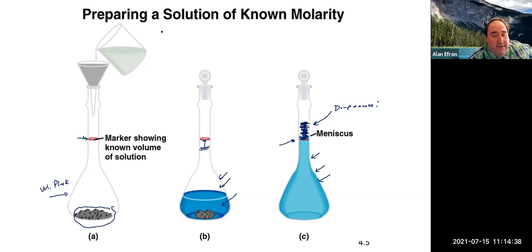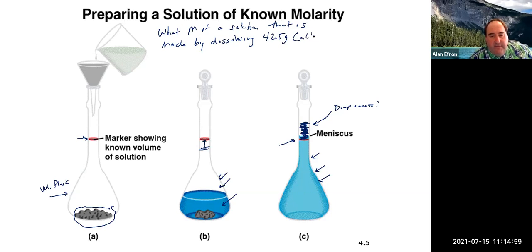Why don't we try another one? What is the molarity of a solution that is made by dissolving 42.5 grams of calcium chloride in enough water to make 250 milliliters of solution?